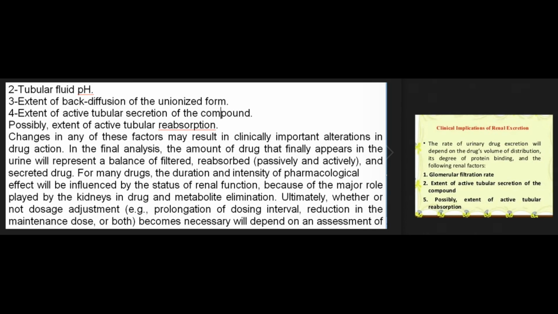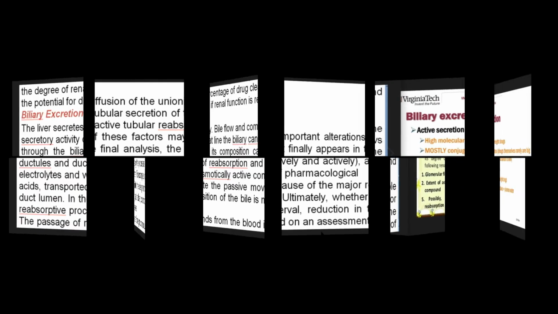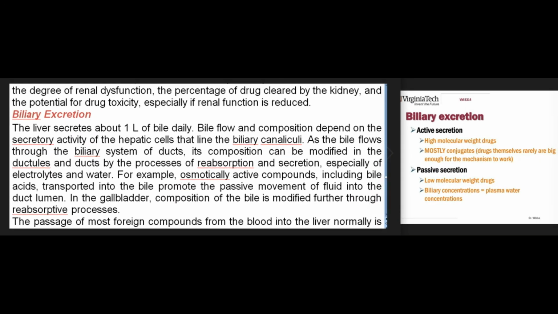Ultimately, whether or not dosage adjustment, for example prolongation of dosing interval, reduction in the maintenance dose, or both, becomes necessary will depend on an assessment of the degree of renal dysfunction, the percentage of drug cleared by the kidney, and the potential for drug toxicity, especially if renal function is reduced.